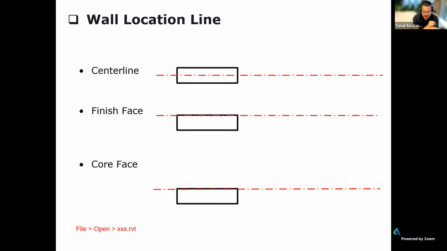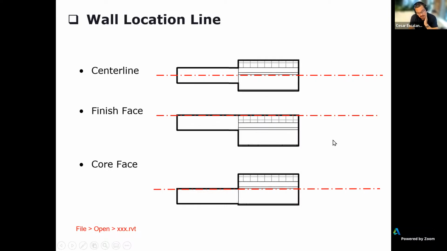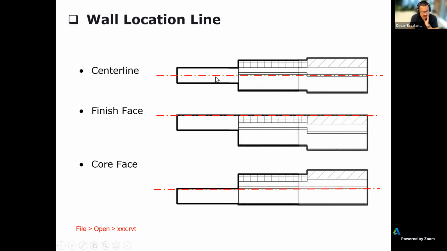So for example, if I have a chain of different partition types, if they are connected using the center line, this is how they will look. If you connect them using the finish face, all the partitions will be aligned either with the interior or the exterior of the finish face, or you can choose to use the core face as options. That makes sense?